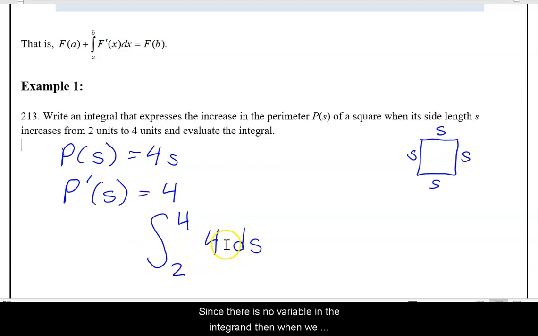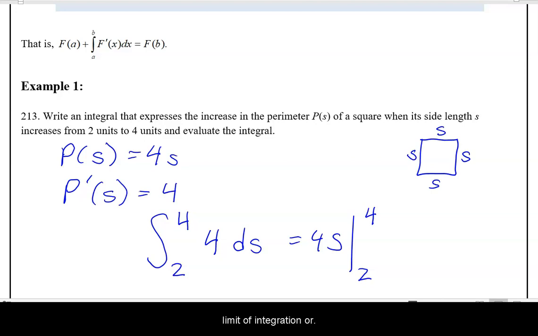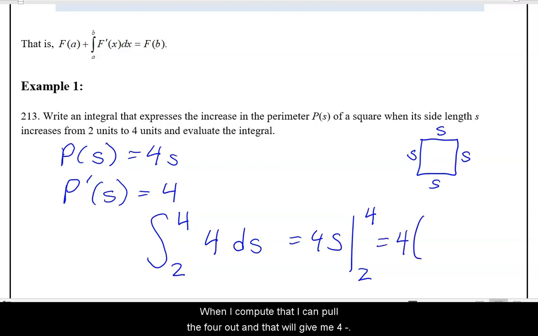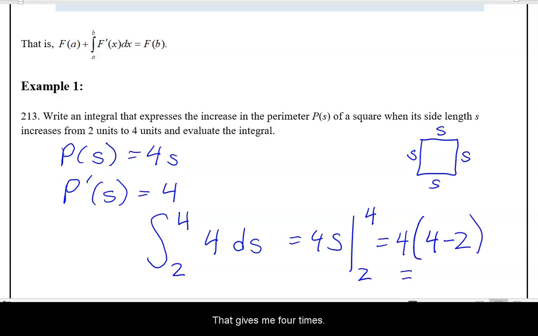Since there is no variable in the integrand, when we integrate it, we end up with 4s, which must be evaluated between the lower limit of integration, 2, and the upper limit of integration, 4. When I compute that, I can pull the 4 out, and that will give me 4 times (4 minus 2). That gives me 4 times 2, or 8.